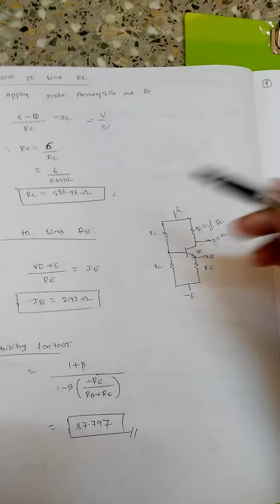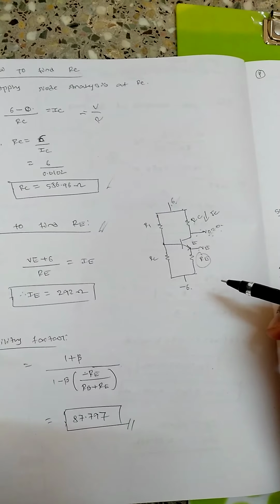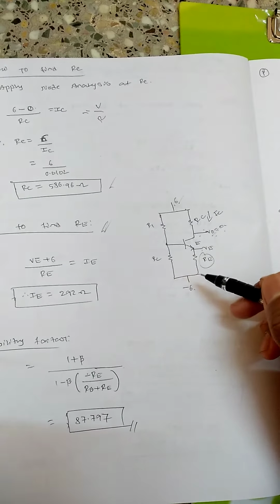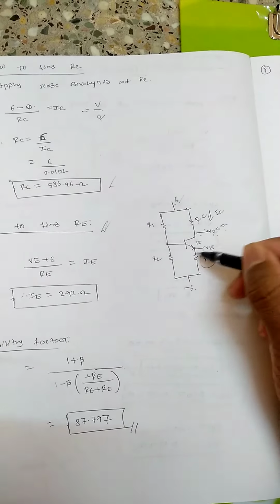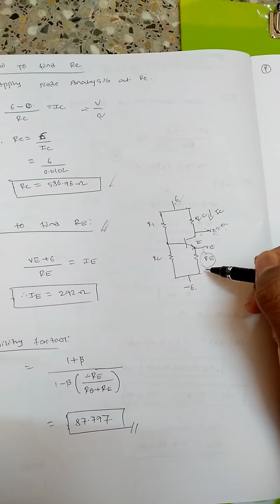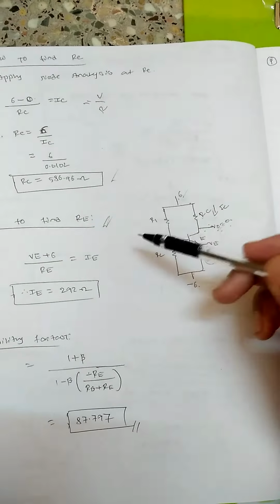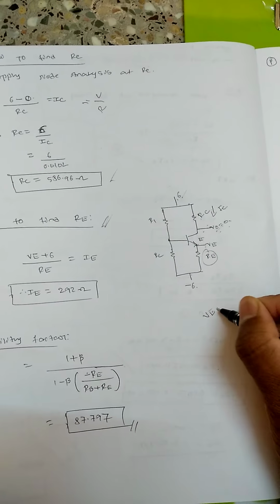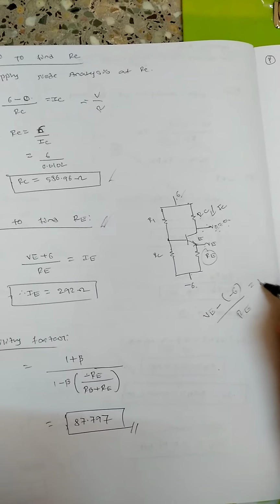So to find the RE value, again the same concept we will be using, that is nodal analysis. So this voltage minus this voltage divided by the emitter resistance will be equal to the emitter current. So VE, why I have written plus 6 is, upper voltage minus lower voltage divided by RE will be equal to IE.